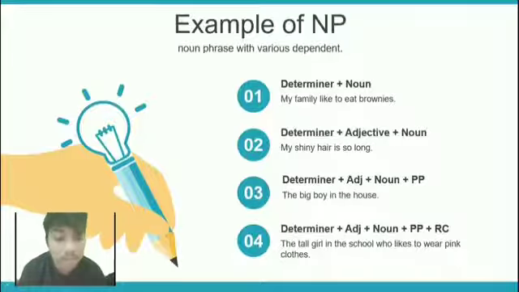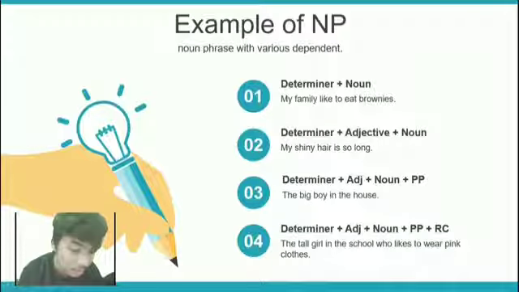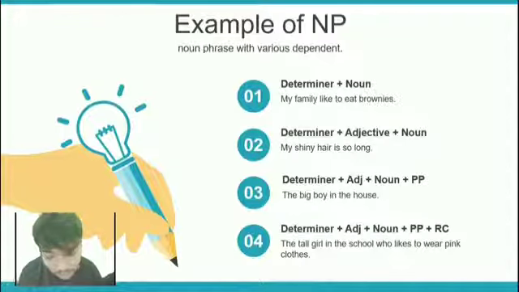Okay, the last thing is examples of noun phrases. First is determiner plus noun, like my family likes to eat brownies. The second is determiner plus adjective plus noun, my shiny hair is so long. The next is determiner plus adjective plus noun plus prepositional phrase: the big boy in the house.